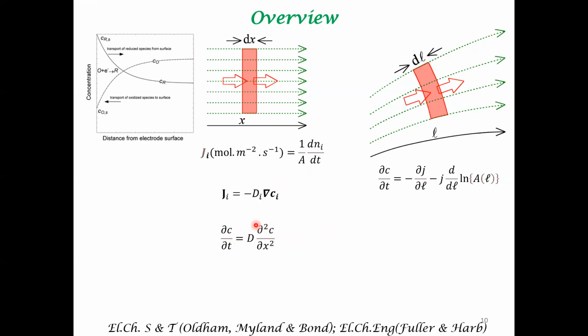But what is of particular relevance is a new mechanism that comes because of the potential that is present in the system. See, these diffusion fluxes exist in electrochemical systems. This is not absent. These fluxes exist because of the concentration gradient.